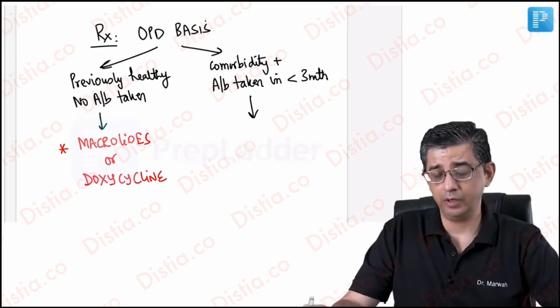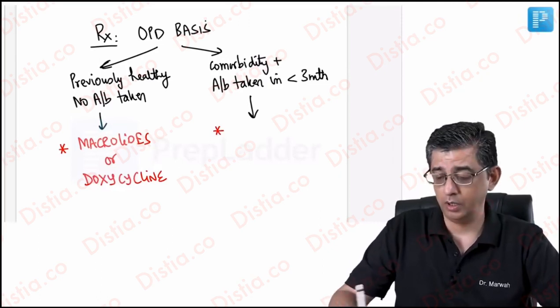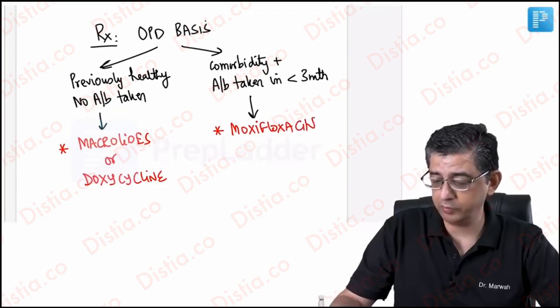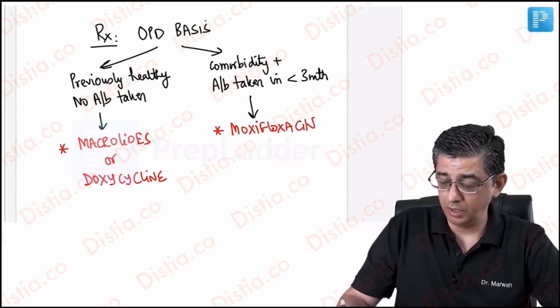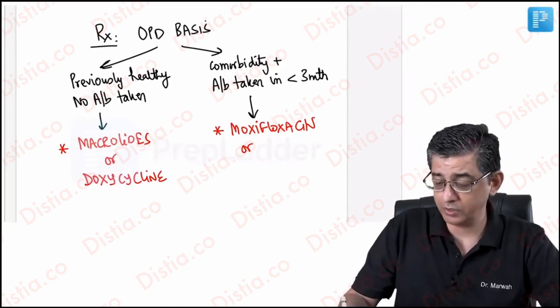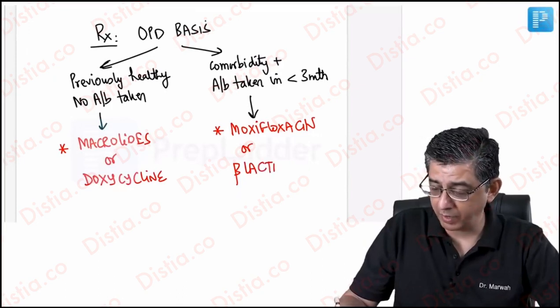The first line antibiotic that would be used in this case would be a respiratory fluoroquinolone. Most of the time, we prescribe moxifloxacin, or we might be using even levofloxacin in the patient. On the other hand, suppose respiratory fluoroquinolones are not given, then it would be beta-lactam plus macrolide.